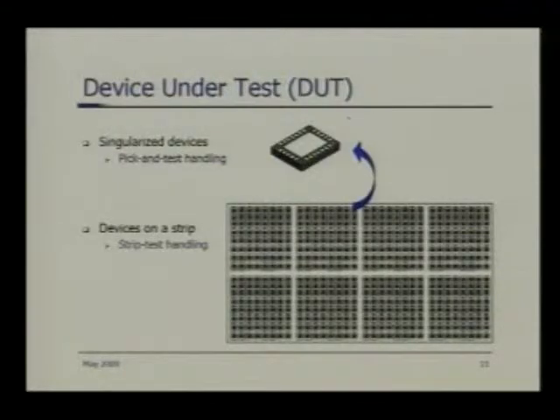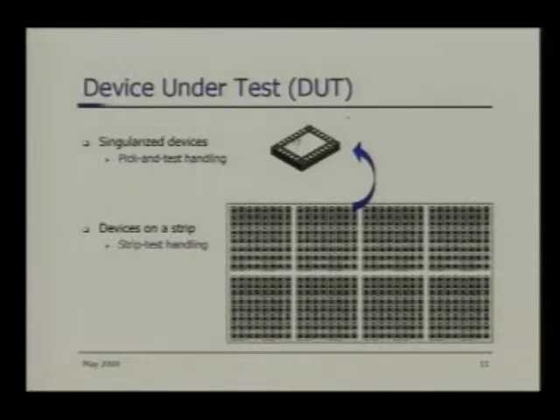So here, using the next few slides, I'm going to show what exactly is done in terms of production test to test the ICs in volume. There are two kinds of approach. The first one is using singulated devices, meaning you have, say, a packaged part like this.